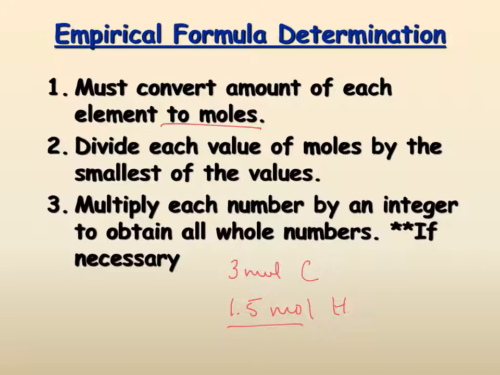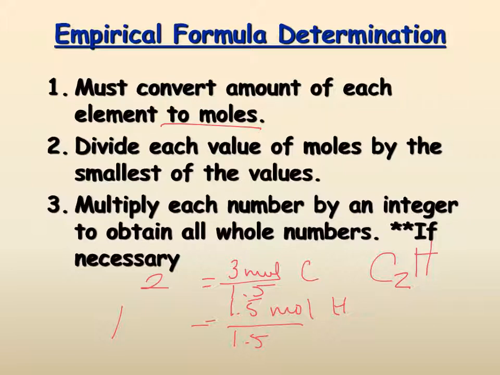Right? So we're going to divide 1.5 by 1.5, which gives you 1, and 3 divided by 1.5, which gives you 2, which means your empirical formula is going to be C2H. Okay? So in this situation, you only need to do steps 2 and 3.